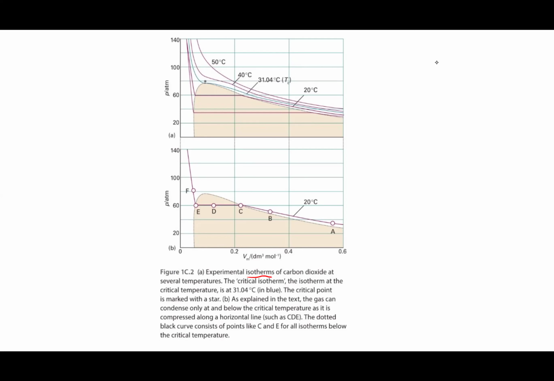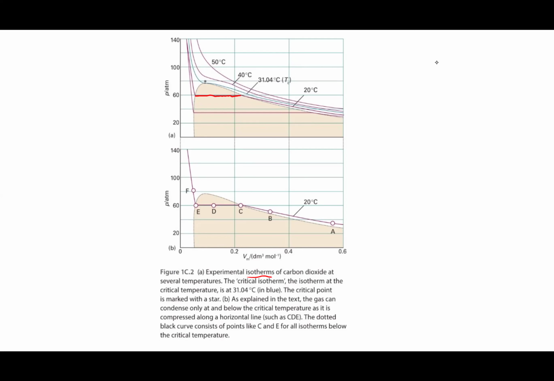What do we see? Well, let's say we're at 20 degrees Celsius. We see a general curve here, and then we get to some pressure-volume relationship where we are compressing that gas into a liquid.